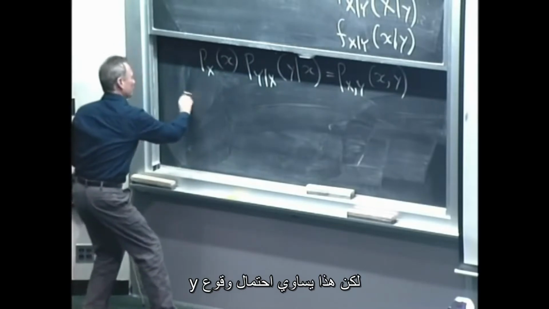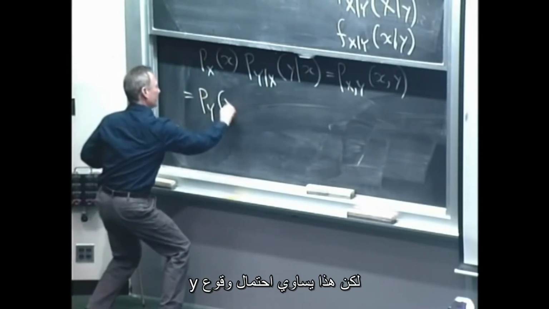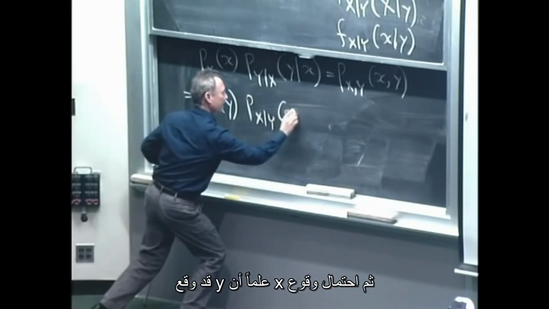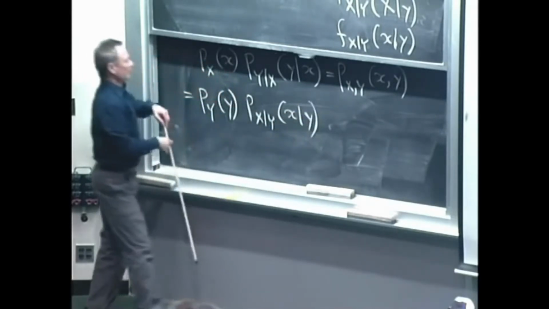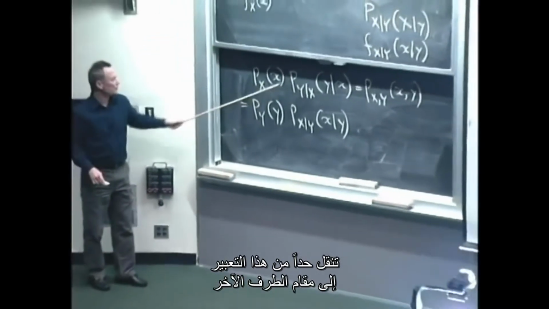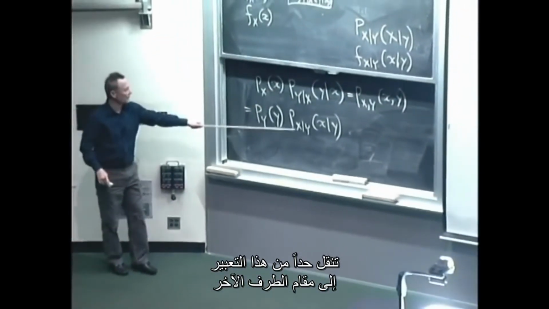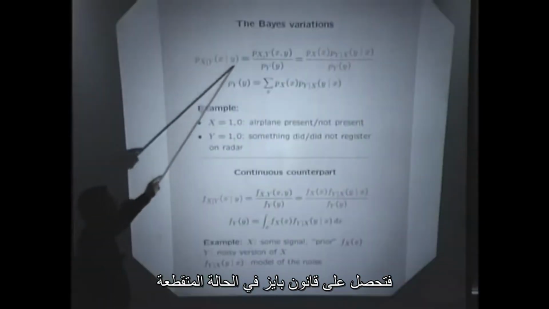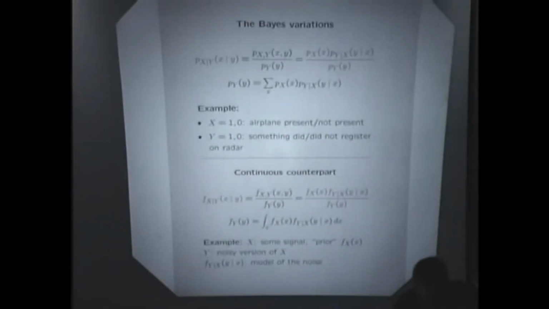But this is also equal to the probability that y happens and then that x happens given that y has happened. And you take this expression and send one term to the denominator of the other side. And this gives us the Bayes rule for the discrete case, which is this one that you have already seen and you have played with it.